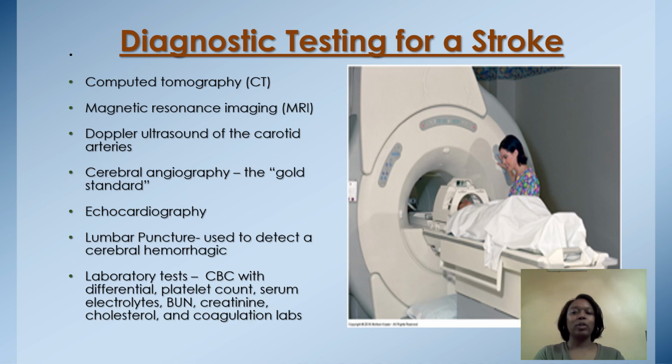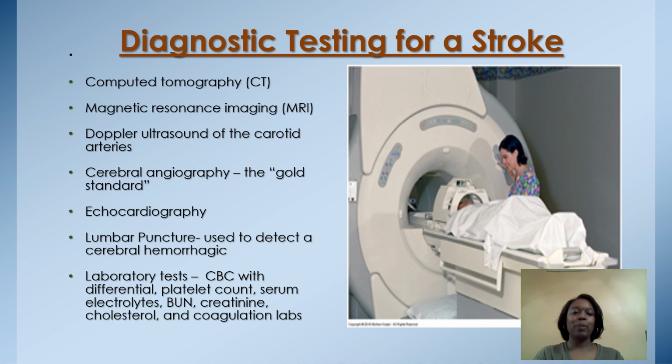There are several types of tests that actually will give information about the condition of the arteries. So one of these tests are Doppler ultrasound of the carotid artery, in addition to echocardiography, which evaluates the blood flow to the brain, and the cerebral angiography, which gives a picture of the blood flow through the vessels and allows the size and location of blockage to be reviewed.